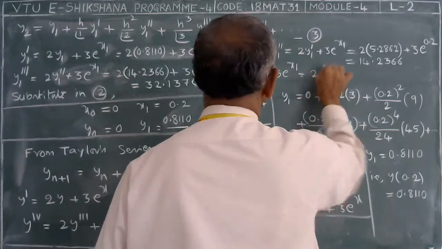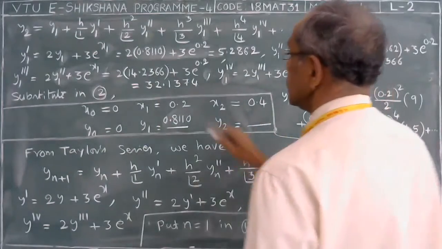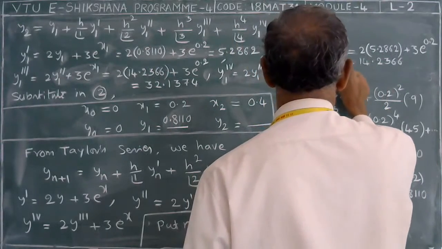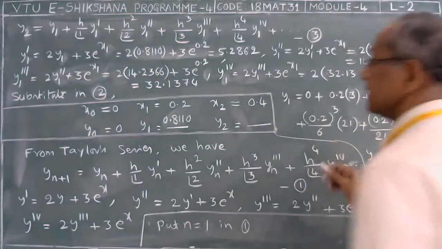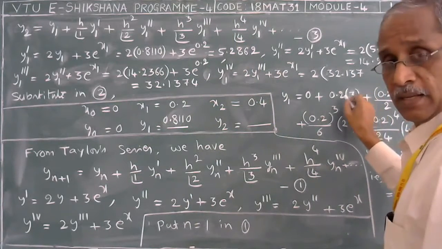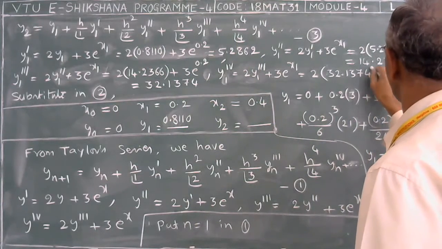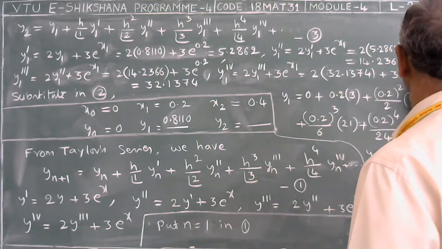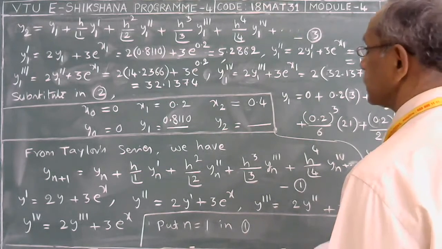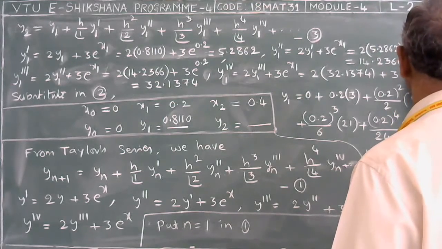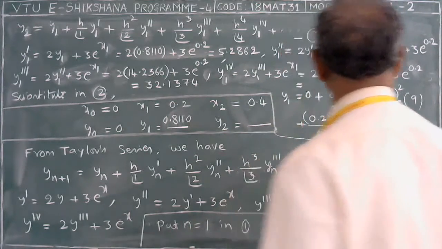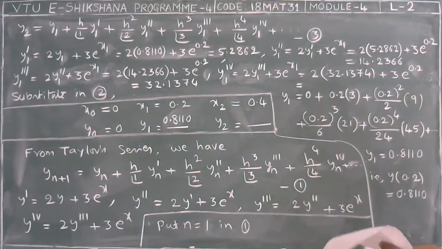So this is 2 into y1 triple dash, which is 32.1374, plus 3 e power 0.2. x1 is 0.2 and this is equal to 67.9390.